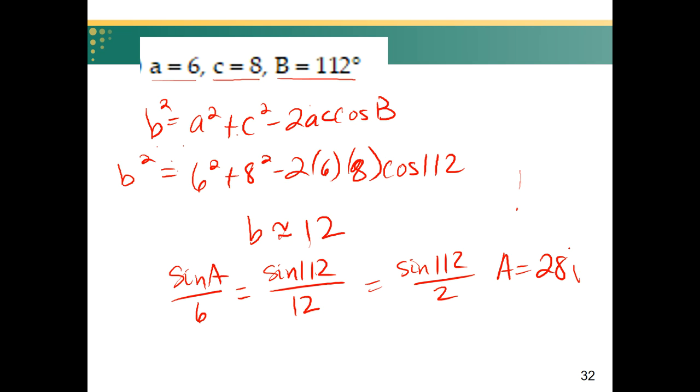And again, you can check it. It's 28 over here.